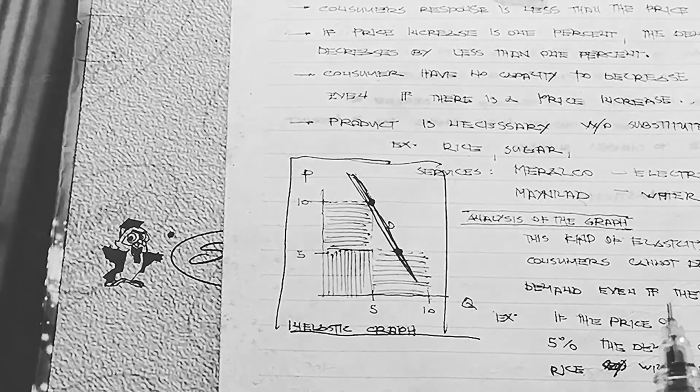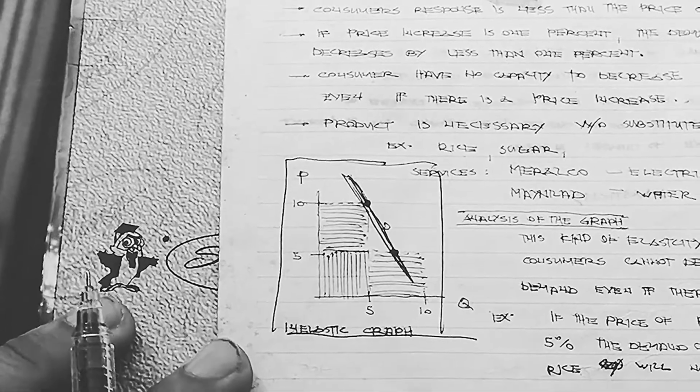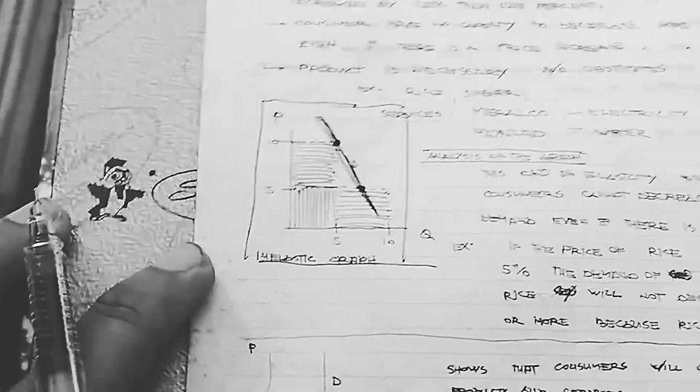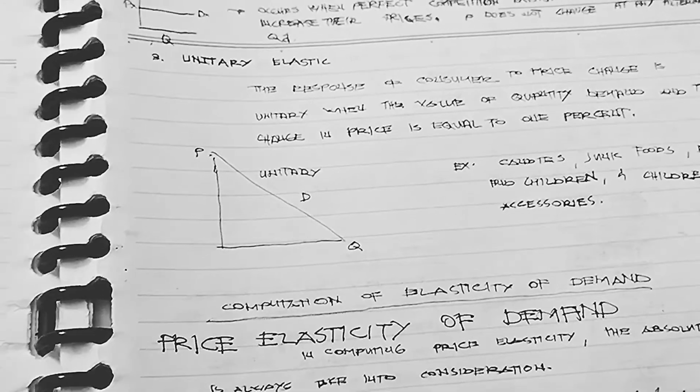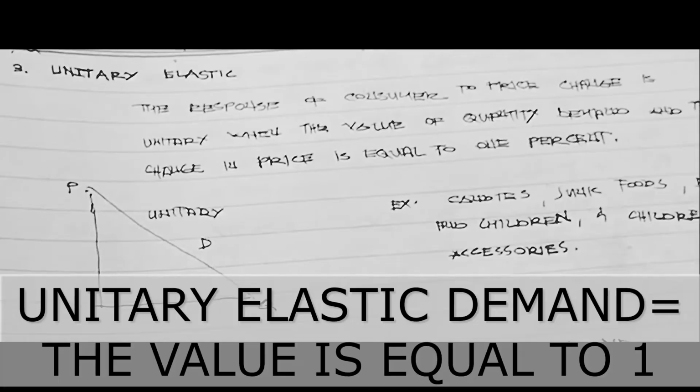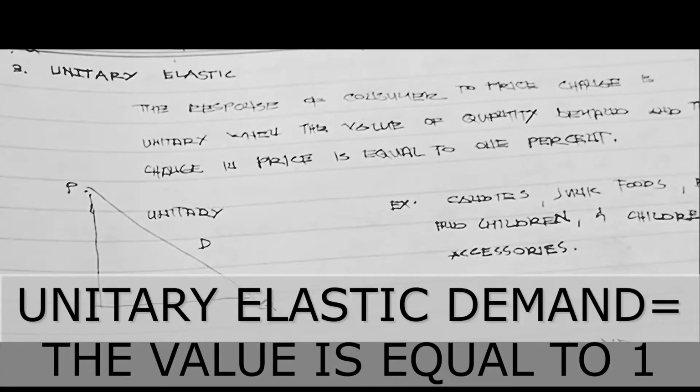Okay, so next is what we call unitary. Unitary is the response of the consumer to price change when the value of quantity demanded and the change in price are equal to 1%. This means the demand will decrease by 1% when there is a 1% price increase.